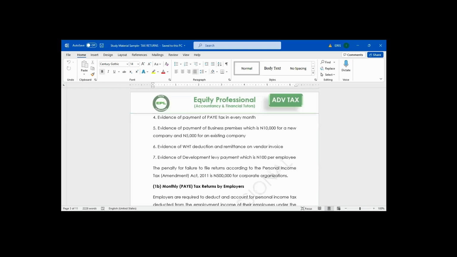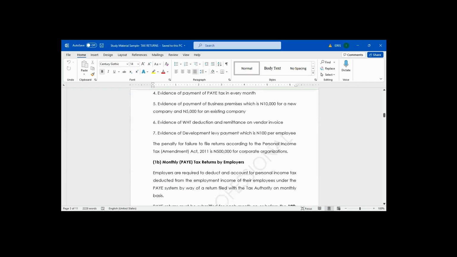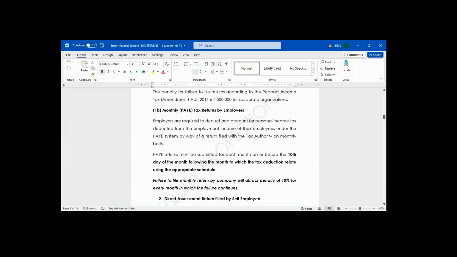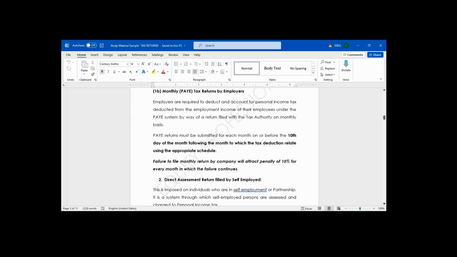Now, we have talked about payee annual return. Payee monthly return. This one is filed every month. And we said it must be filed not later than 10 days of the following month in which the tax was deducted. Failure to file this payee monthly return, what is the penalty?